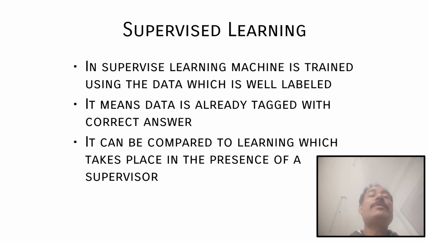Anyway, the supervised learning machine is trained using data which is well labeled. Label means that the input and the associated output are there. For a given input, if the output is known, then the output is known as the label for that particular data. It can be compared to learning which takes place in the presence of a supervisor.